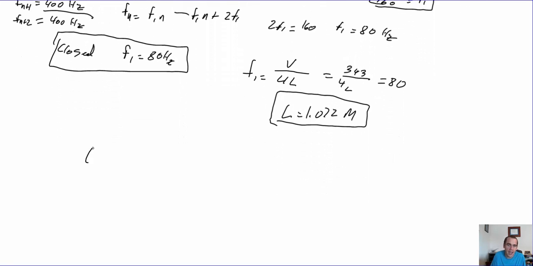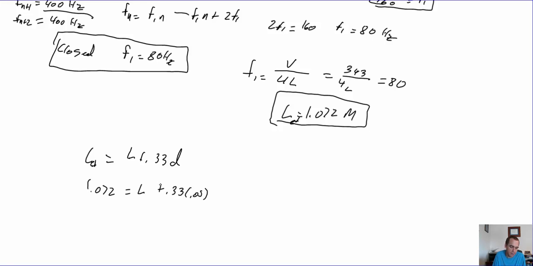So I'm going to use the equation L effective is equal to L plus 0.33 times D. And so clearly we're going to see that this isn't going to make a heck of a lot of difference, but 1.072 equals L plus 0.33 times 0.05. That was given in the problem.